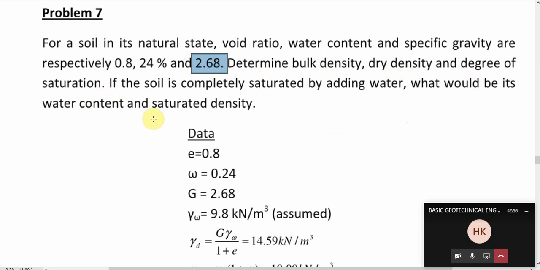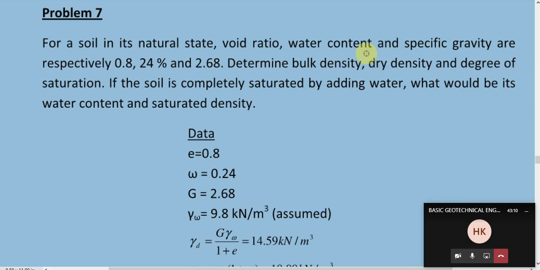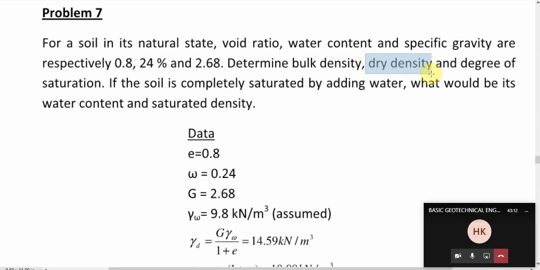So there are two parts of this problem. In the first part, void ratio, water content, and specific gravity are given, and you have to find bulk density, dry density, and degree of saturation. So we'll do the first part now.